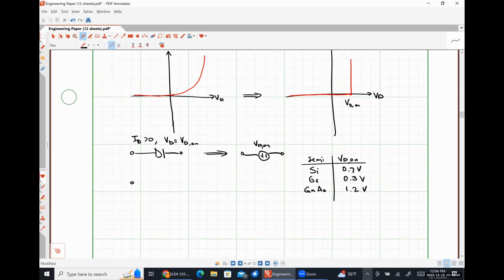And for a reverse bias diode, so VD is less than 0, we're going to say that ID is equal to 0 and replace it with an open circuit again.